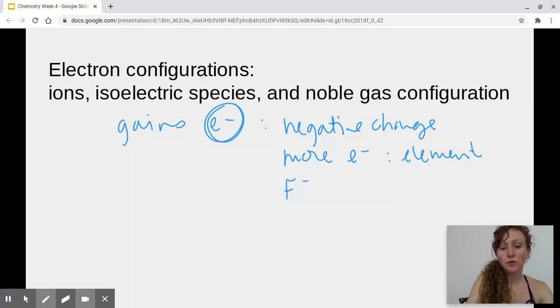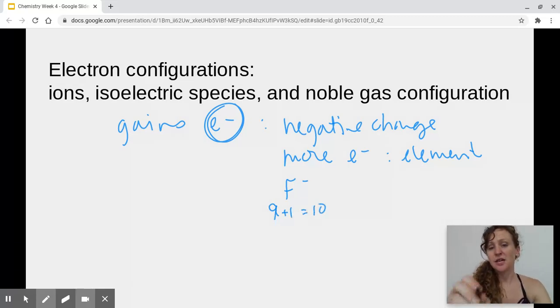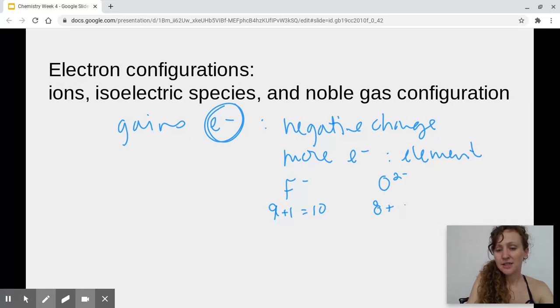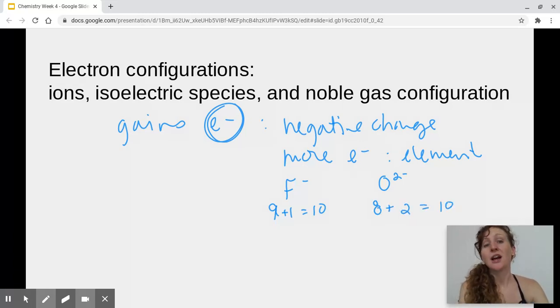Fluorine normally has 9 electrons. If it has gained 1 electron, now it has 10 electrons. You can also have something like O2 minus. That would be the oxygen atom that has gained 2 electrons. Oxygen normally has 8 electrons. It has now gained 2, which means it will also have 10 electrons.